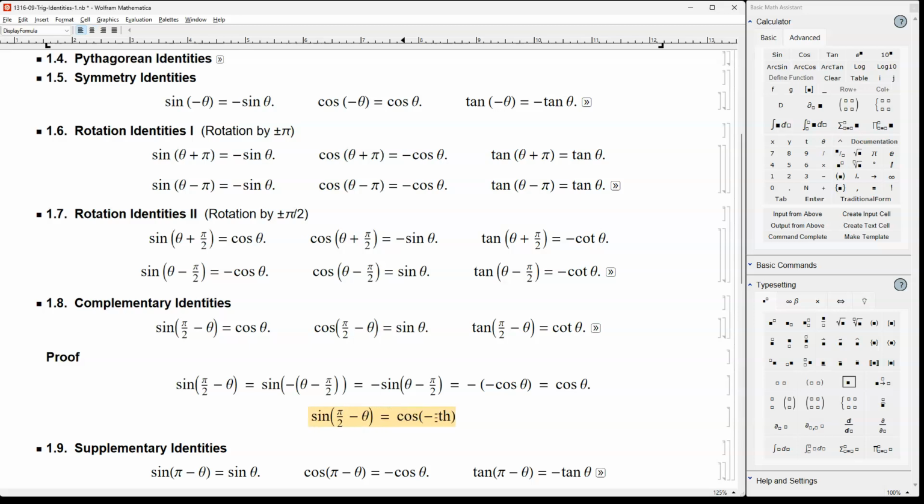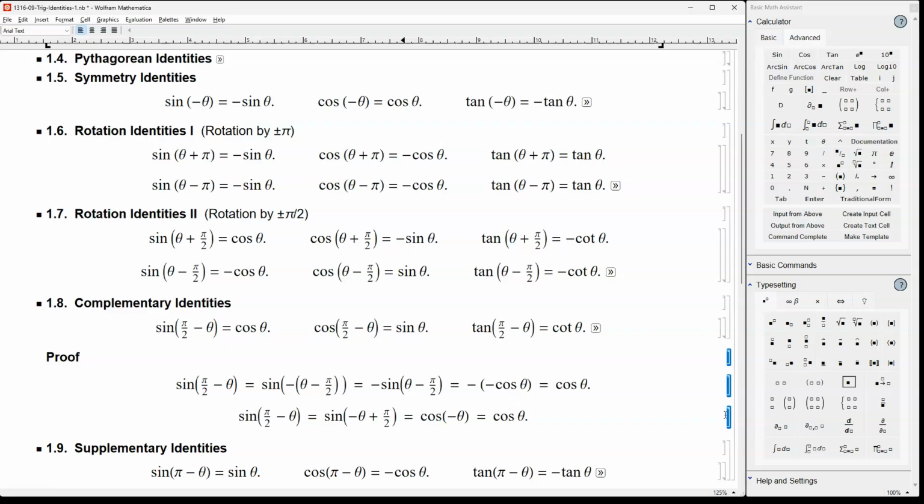Is it confusing? Okay, this way it's going to be less confusing. We express it like this and use this one. So cosine of whatever the angle, and cosine of negative theta is just cosine of theta. So it looks like there's another proof. But in any case, remember, we combine the rotation identity by pi over 2 and the symmetry identity.